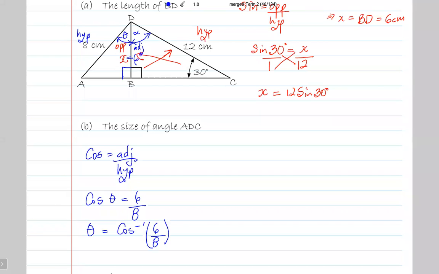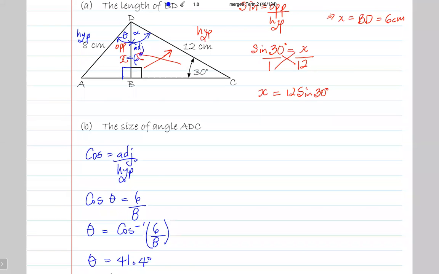So it's going to be shift cos, open bracket, 6 divided by 8, close bracket, equal, and theta is 41.4 degrees.